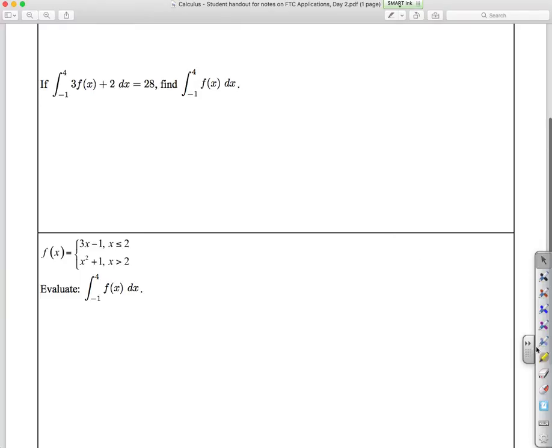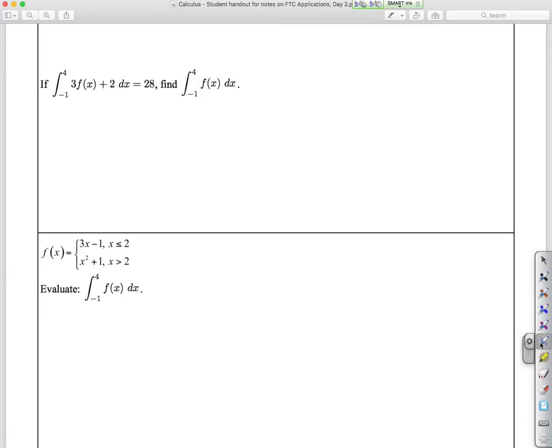Alright, next one. It says if the integral from -1 to 4 of 3 times f of x plus 2 dx is equal to 28, we want to figure out what the integral from -1 to 4 of f of x dx equals. So this one we're not really using Friday stuff, we're just using the properties of definite integrals. So any thoughts on how we're going to figure out what the integral from -1 to 4 of f of x dx is?